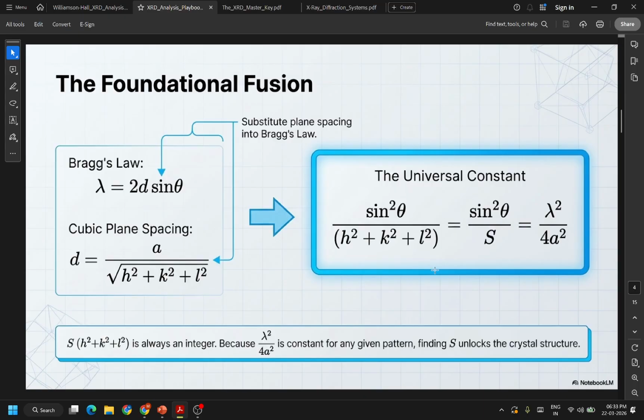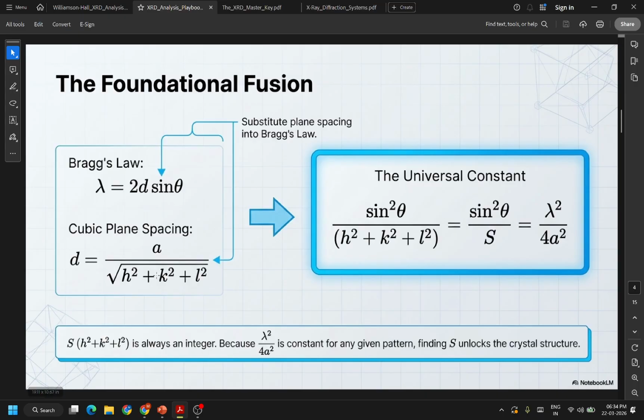You know the formula, Bragg's law: lambda equals 2d sine theta. And for cubic, d equals a by the square root of h square plus k square plus l square.